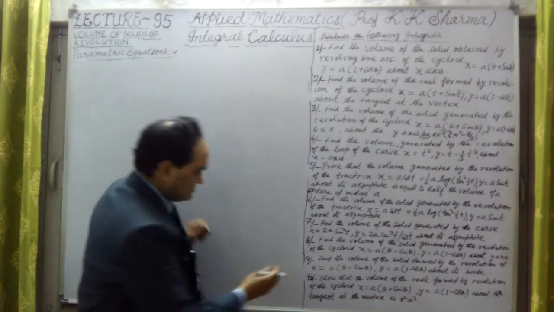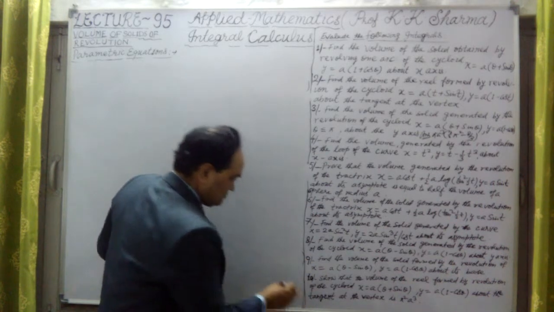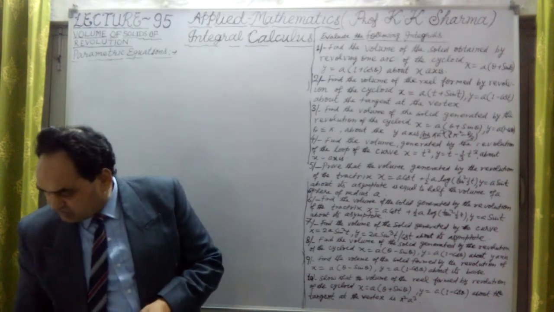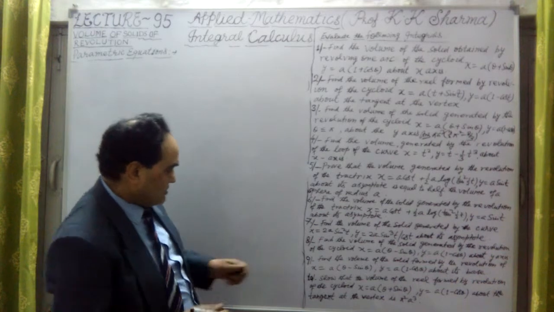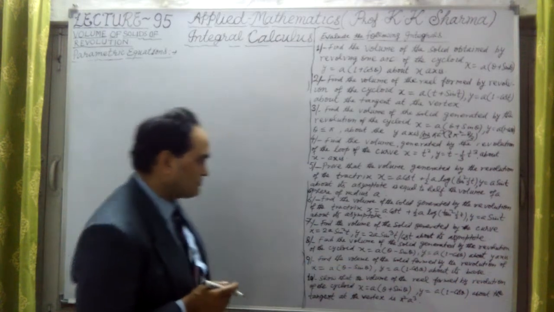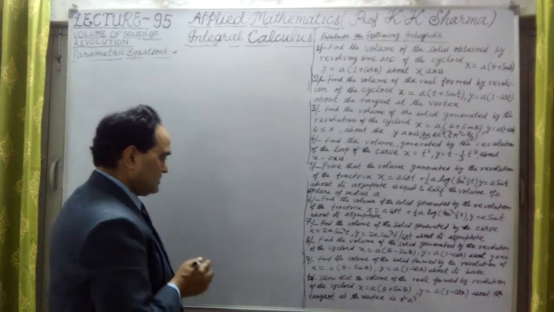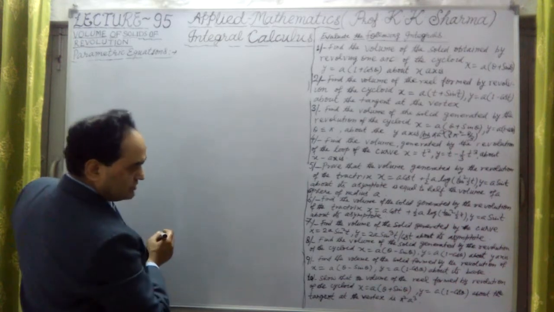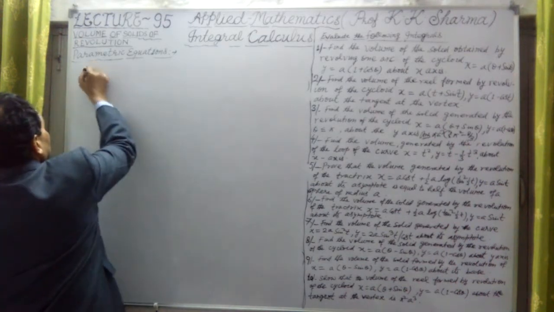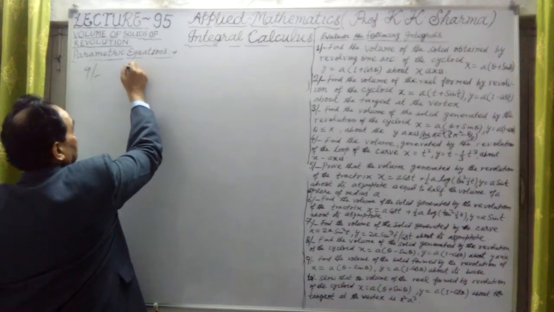Let me change the marker. And question number 9. What does question number 9 say? Let me check. The 9th question says, find the volume of the solid formed by the revolution of this cycloid. Question number 9 says, the curve of cycloid.